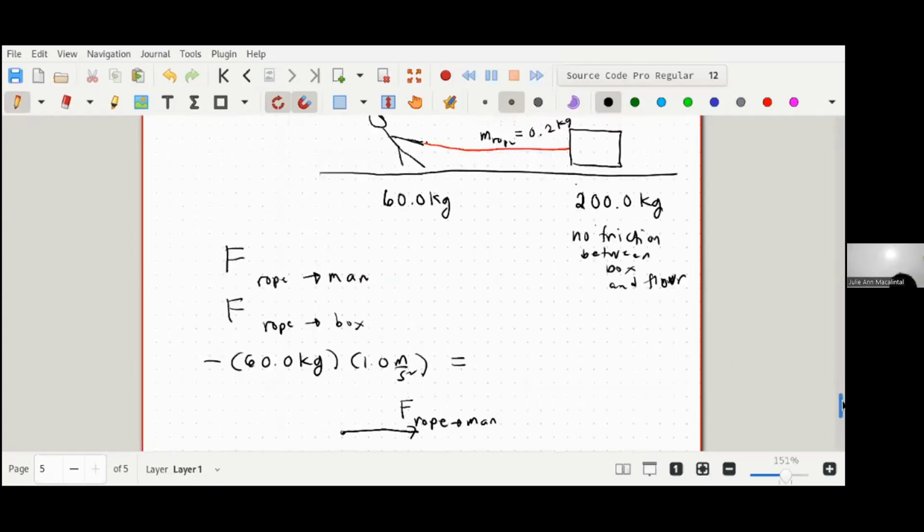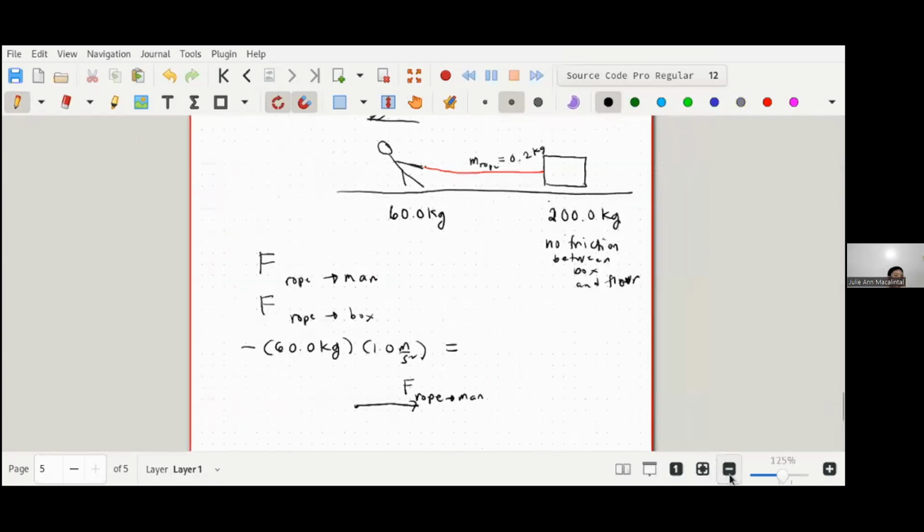And the other thing that's happening here is, okay, if the rope is pulling the man backwards, how come the man is able to move the string, the rope and the box backwards? Yan lang ba yung forces acting on the man? Other than gravity, I think yes.